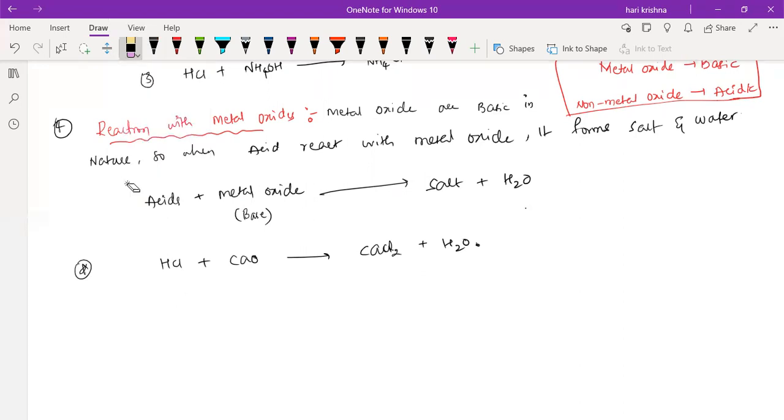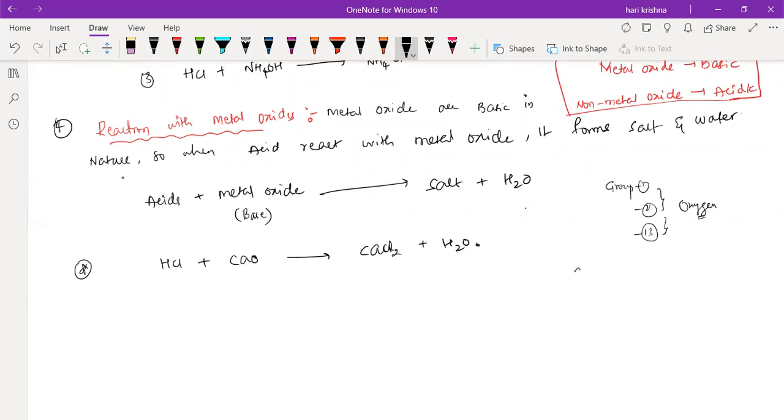NaOH is a base, I will agree, but it's not a metal oxide, right? The metal oxide means what type of base? Group number 1 combining with oxygen, group number 2 combining with oxygen, group number 13 combining with oxygen. H2O is water, that is actually neutral.